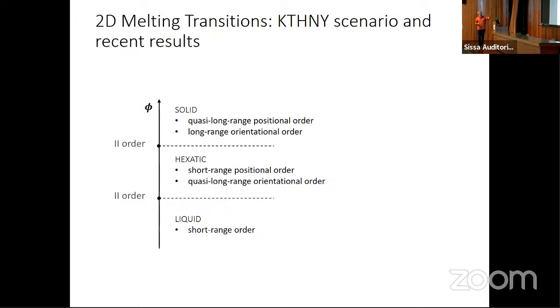So this scenario that I put here has actually been studied a lot in simulations of many kinds, Monte Carlo, molecular dynamics, because it was not easy to find this numerically at the beginning.